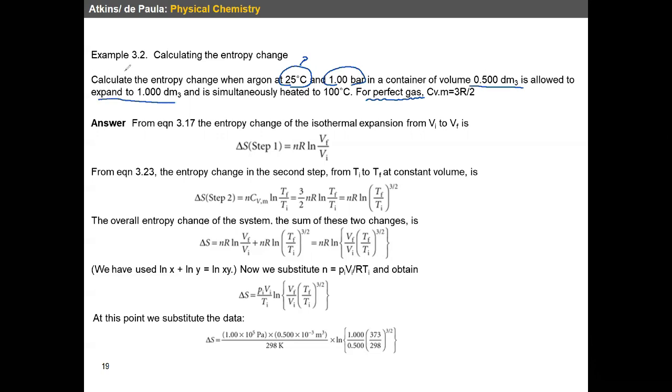So we will see this process first. This is constant temperature, so this is an isothermal expansion, right?